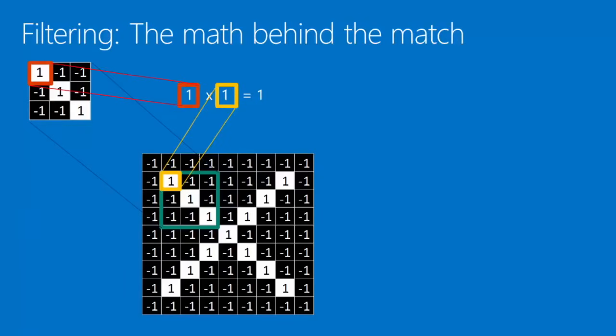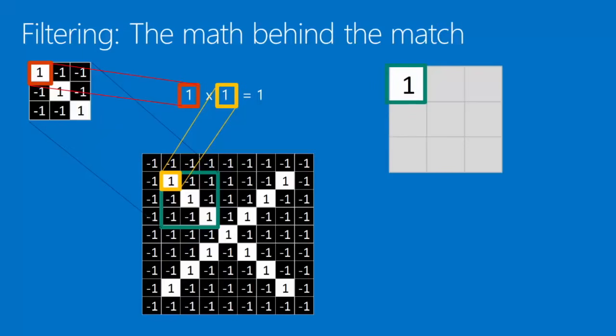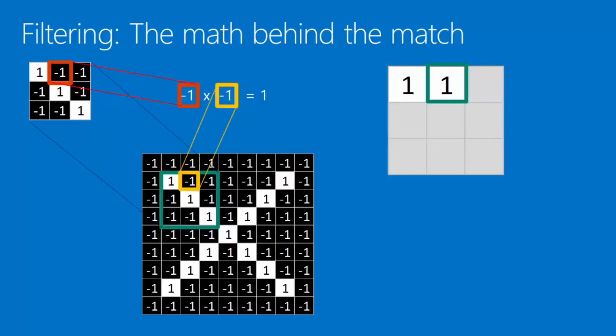So to step through this, to see why it makes sense to do this, you can see starting in the upper left-hand pixel in both the feature and the image patch, multiplying a 1 by a 1 gives you a 1. And we can keep track of that by putting that in the position of the pixel that we're comparing. We step to the next one, -1 times -1 is also a 1.